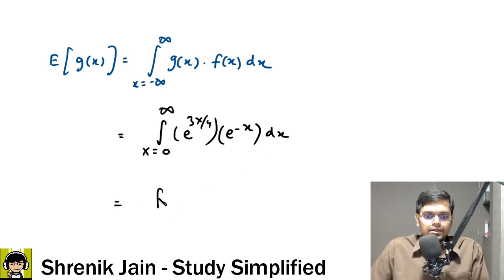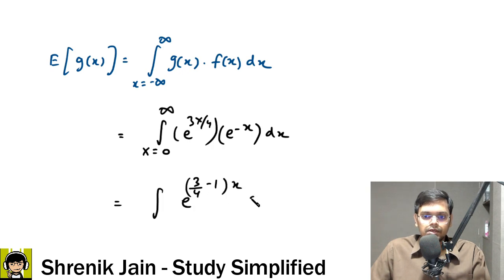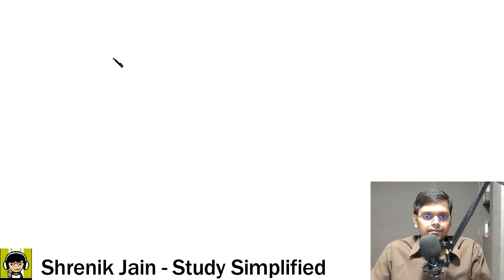So finally, integral e to the power 3x by 4 minus x. 3x by 4 minus 1, x is common, taken outside. It is e to the power minus x by 4 now. So integral 0 to infinity e to the power minus x by 4 dx.